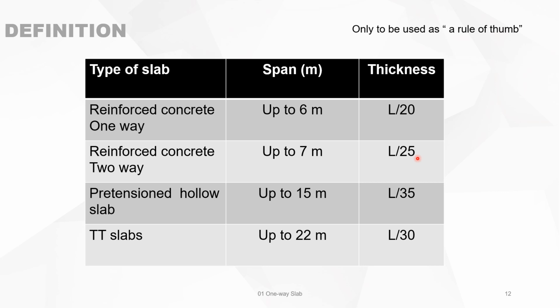For the pre-tensioned hollow slabs, you can go up to 15 meters and the depth that you need is L over 35. And last but not least, for the TT slabs, which are for very low loaded slabs, for instance a roof, you can go up to 22 meters and you need a thickness of L over 30.